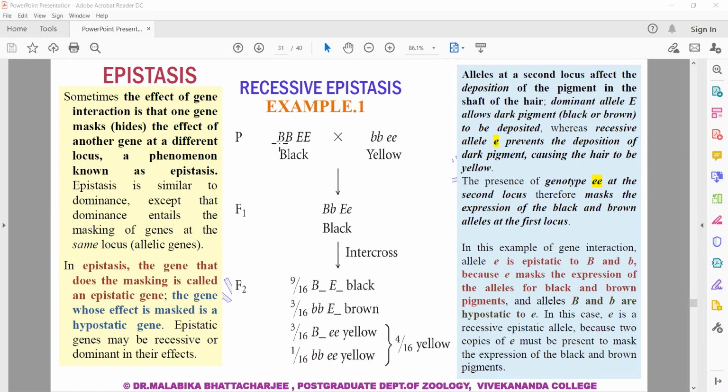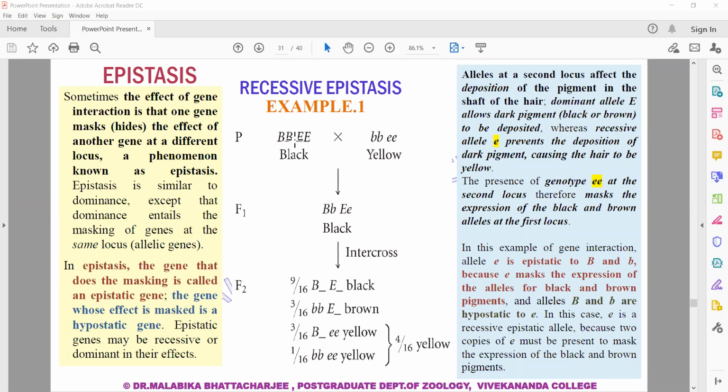So when we have a capital B and a capital E combination, we get the color black, because capital B produces black pigment and capital E can deposit this black pigment on the hair shaft. When we have a small b capital E combination, small b produces brown pigment and capital E is able to deposit the brown pigment on the hair shaft.